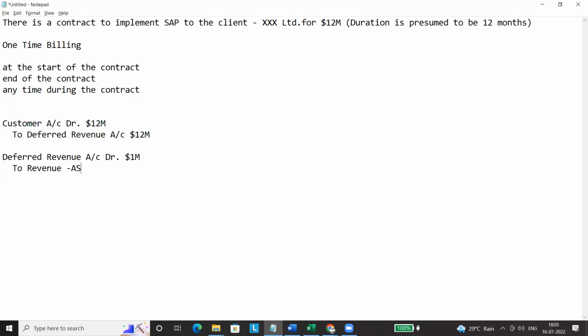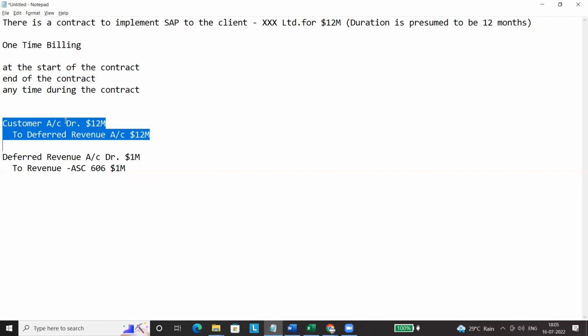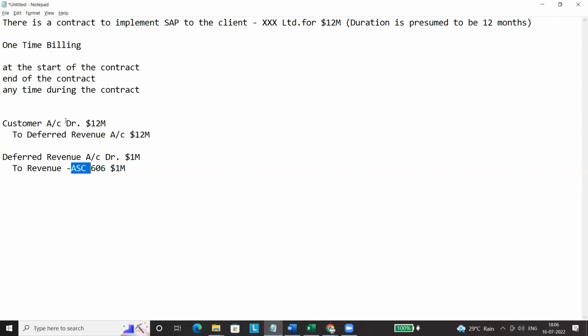You can say the credit will be again 1 million. In the second month, this will be repeated and continue until the end, and by the end of the 12th month, all the revenue that was initially credited to deferred revenue will be completely credited to the revenue account.